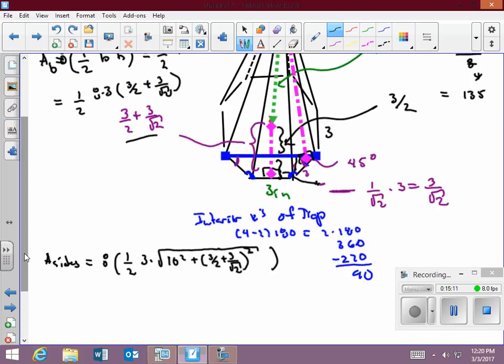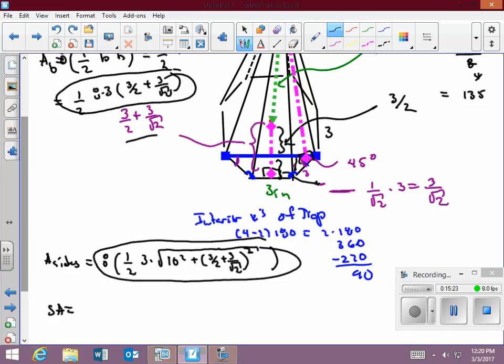So if you put that whole thing together, the surface area is this one right here added to this one right here. It's 1/2 times 8 times 3 times 3 halves plus 3 over the square root of 2, plus 8 times 1/2 times 3.